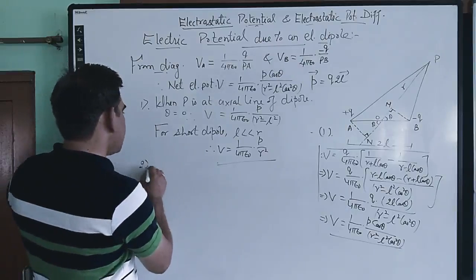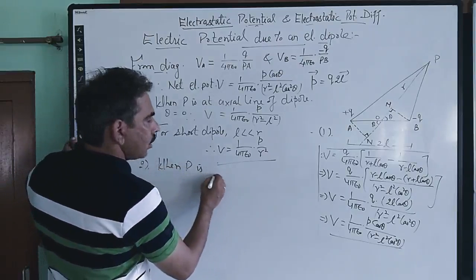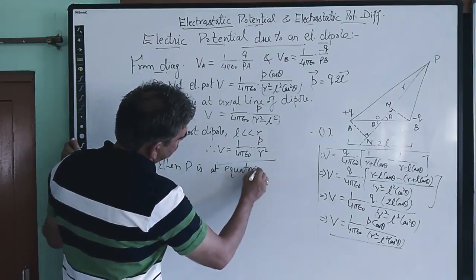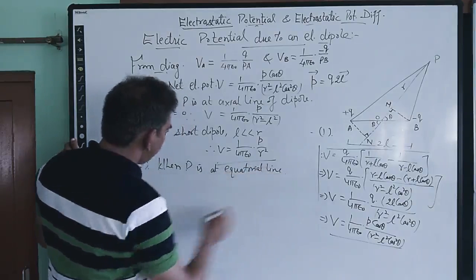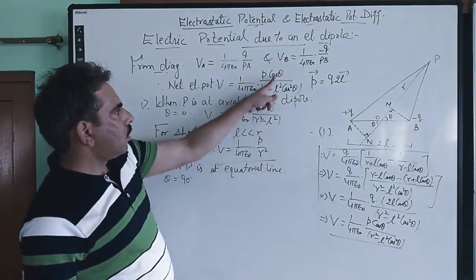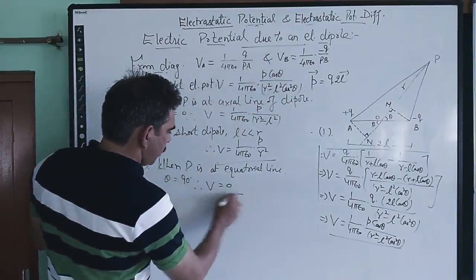And the second case is when P is at the equatorial line of the dipole, then theta is equal to 90 degrees. That makes cos 90 to be 0, and hence the potential becomes equal to 0.